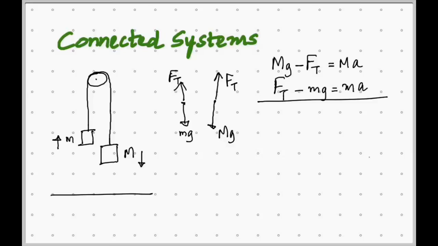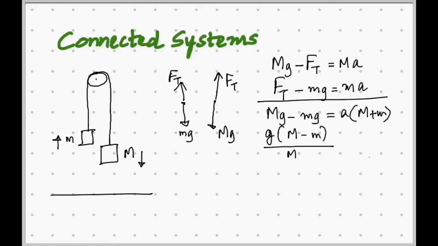If you add those two equations, you cancel out Ft, and you get capital M g minus m g is equal to a times capital M plus m. On the left side you can take g out, and if you rearrange, that simple formula will give you the acceleration of the system.